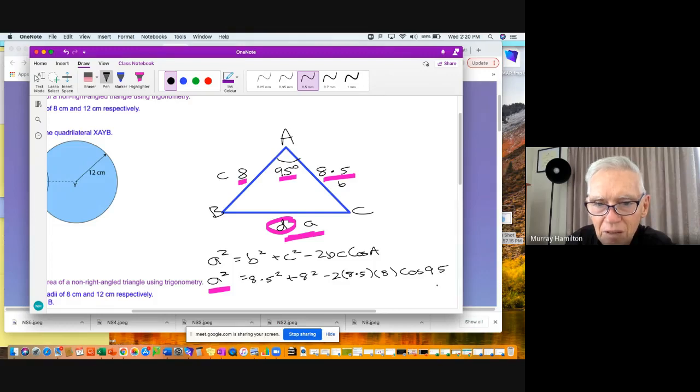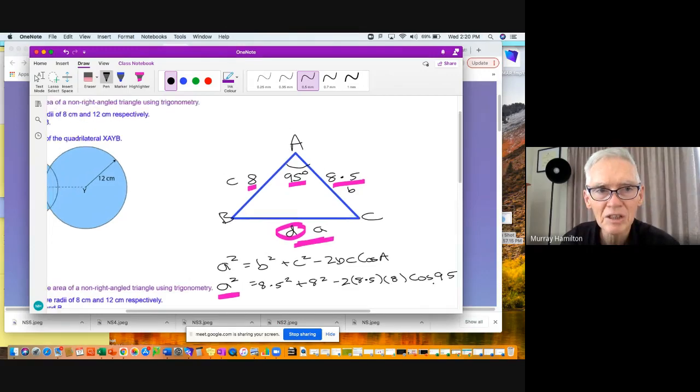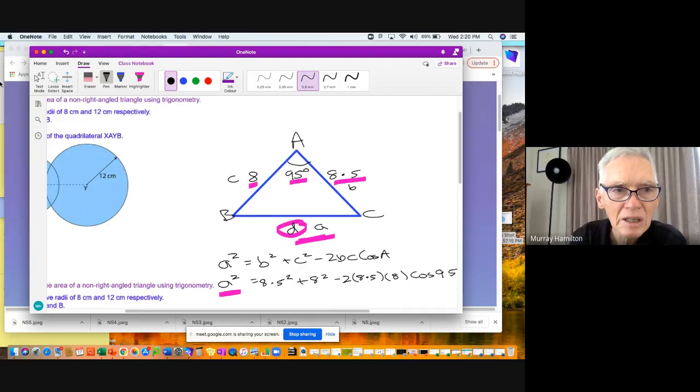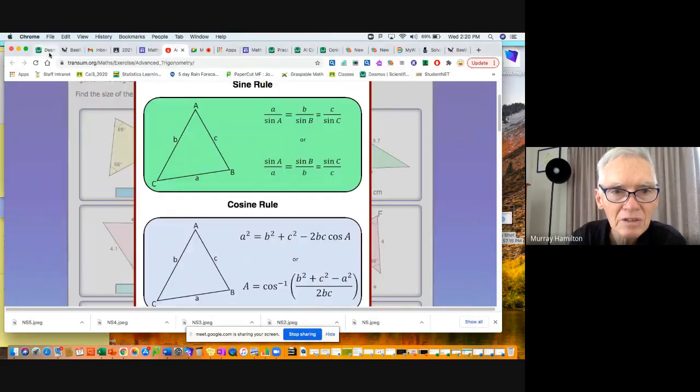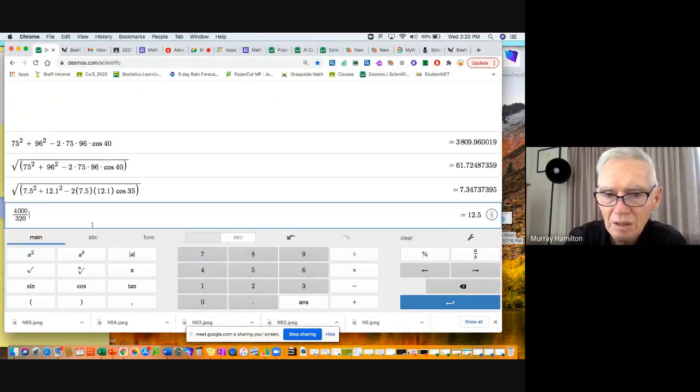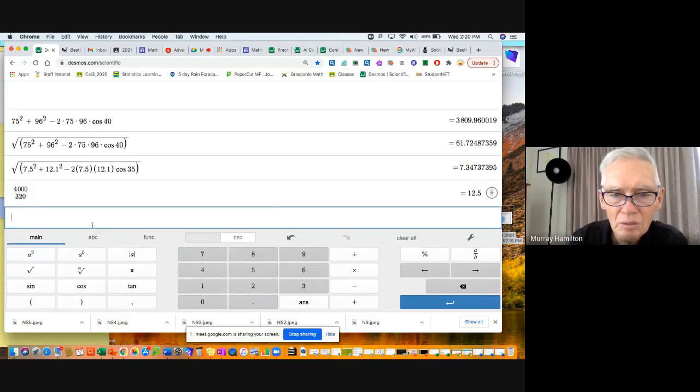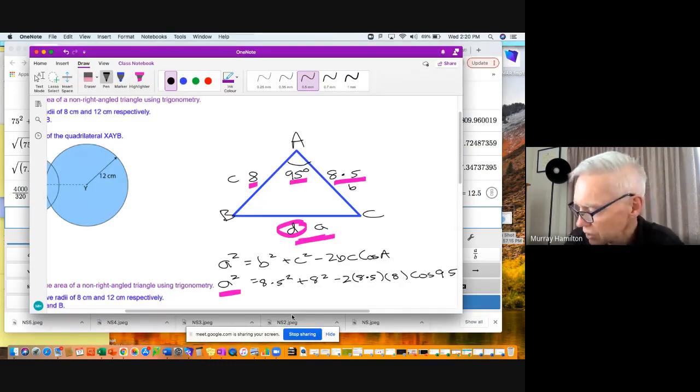Right, so I'm going to put that on my calculator. I'm just going to grab a scientific calculator here. Sorry, I've lost it now. What are we doing? I'll write it down on a piece of paper so I can go back to it: 8.5 squared plus 8 squared. Now we're going to type it in on our calculator.